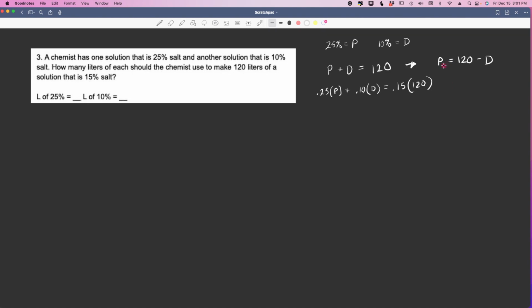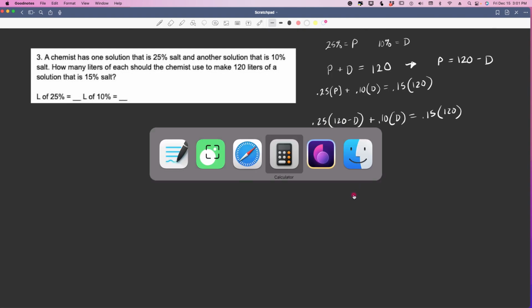So now I can substitute in for the value of P. I'll put that in right here. So 0.25 times the value of P, which is 120 minus D, plus 0.10 times D is equal to 0.15 times 120. Now I can do some quick calculations and solve.